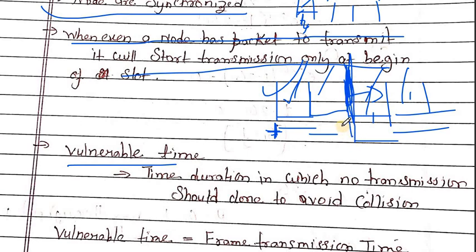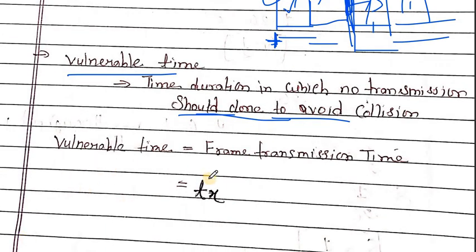During that duration, no transmission should be done to avoid the collision. If the packet is transmitted by the node at the beginning of the time slot, then the chance of collision is minimum.